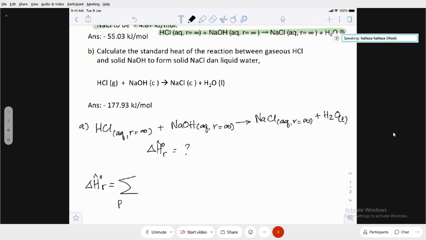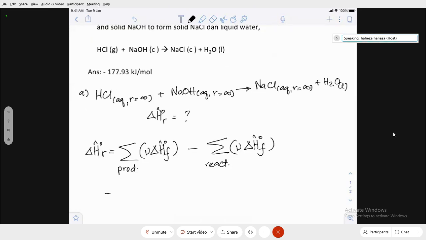So according to heat of formation, for the products, it is the stoichiometric coefficient of every component times the heat of formation of that component, minus your reactant, because we are using heat of formation, so product minus reactant. Unless you're using heat of combustion, then it's the other way around, reactant minus product. Okay, so now let's list down every component that we have in the product.